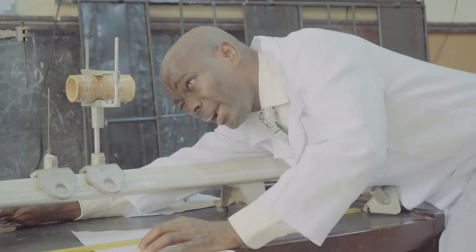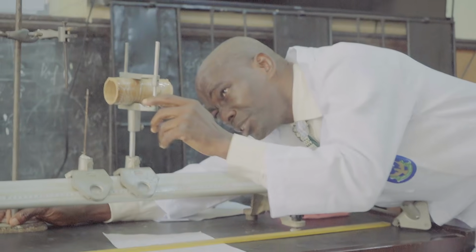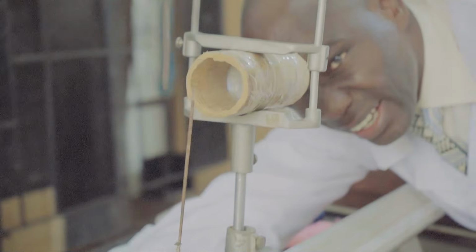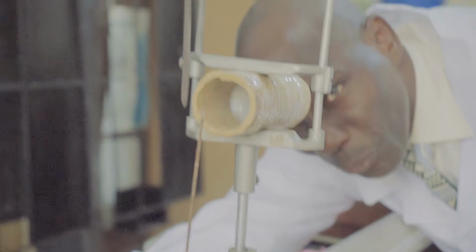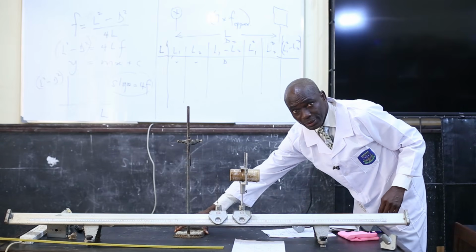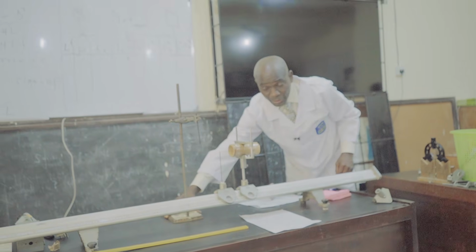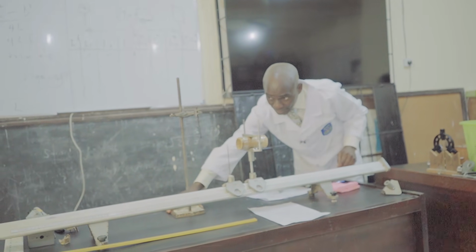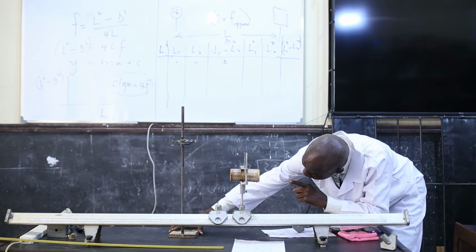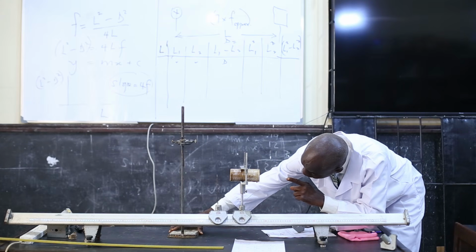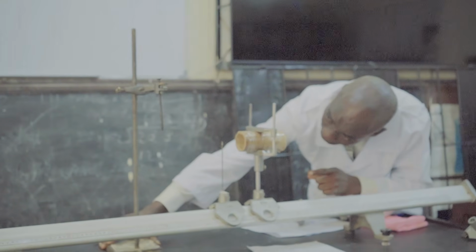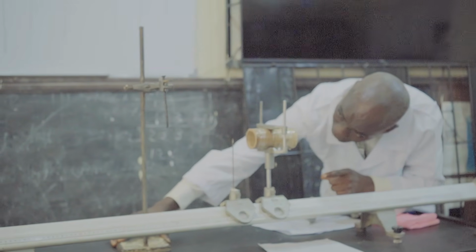That is when the tip of my search pin is at the same point as the image I'm seeing. The image is located with the search pin, with one eye on the image that we can see through the convex lens, and the other eye on the search pin.